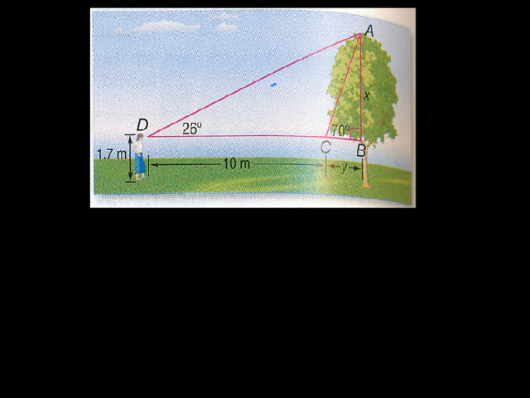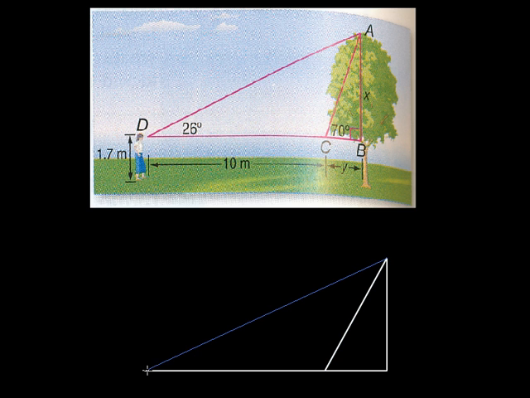Let's draw this out with just straight lines instead of all this picture and tree and all that. We'll try to be as neat as we can. So there it is from D to B, and then if you go straight up, that's up to A. This one goes to C, and this one goes to D, which is right there.